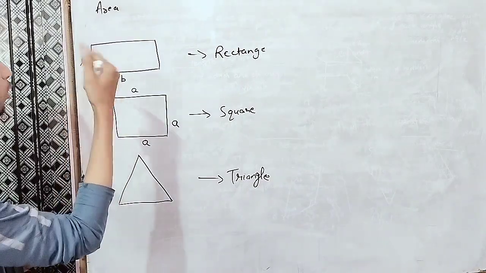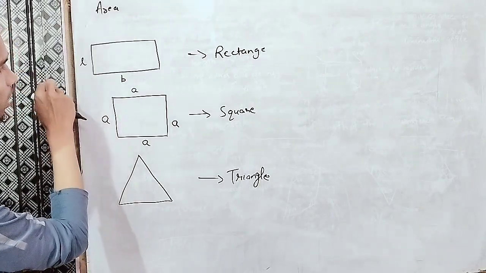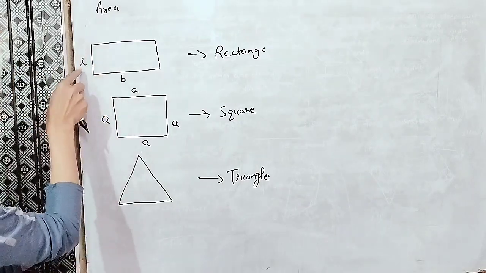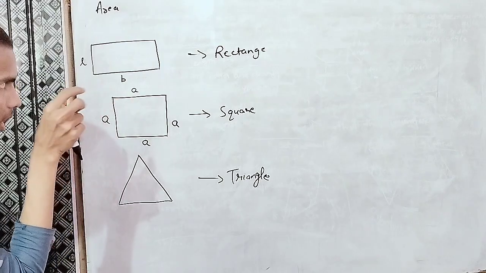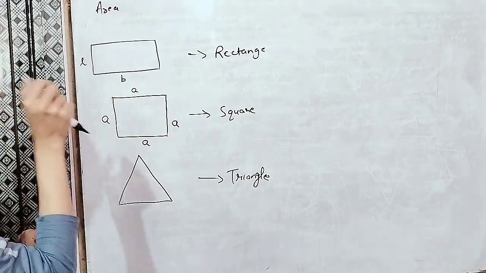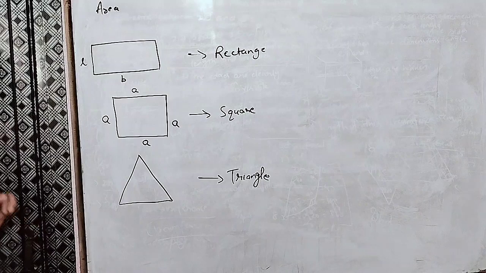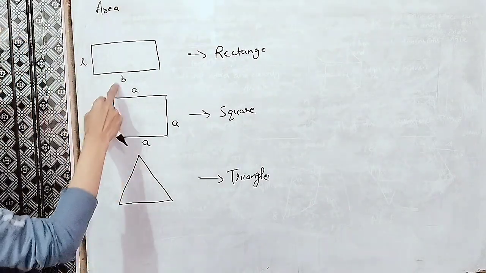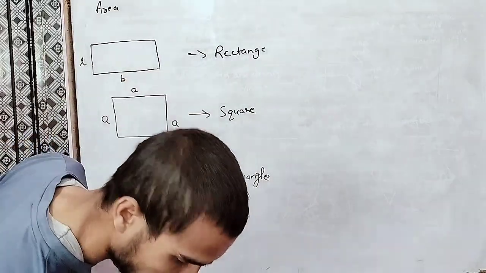But if you notice carefully here, we have two variables, L and B. Here we don't have only one variable; we have two different variables. The meaning of these variables is that the measure of this side is something and the measure of this side is something else.